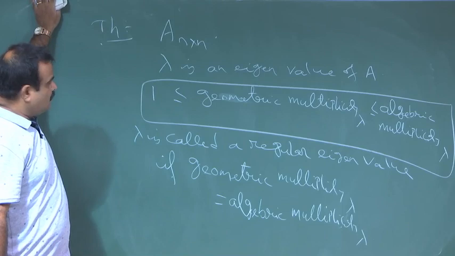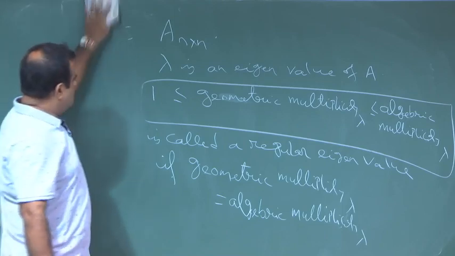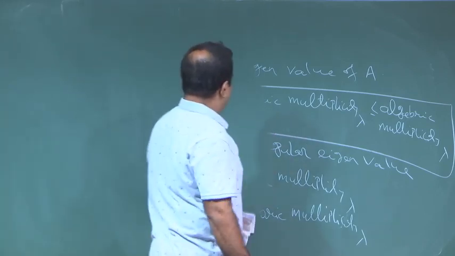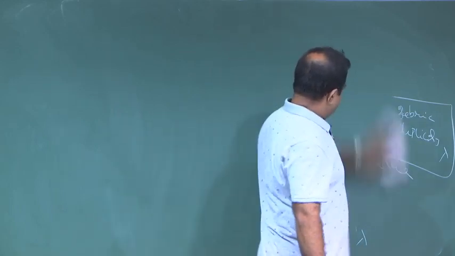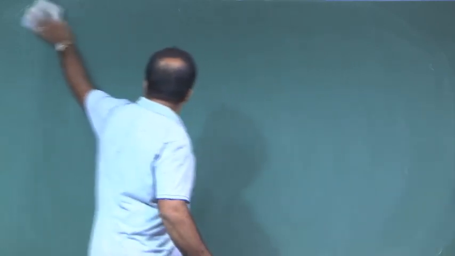Okay. We will take an example and find both multiplicities for a given matrix A. So, let us take an example.